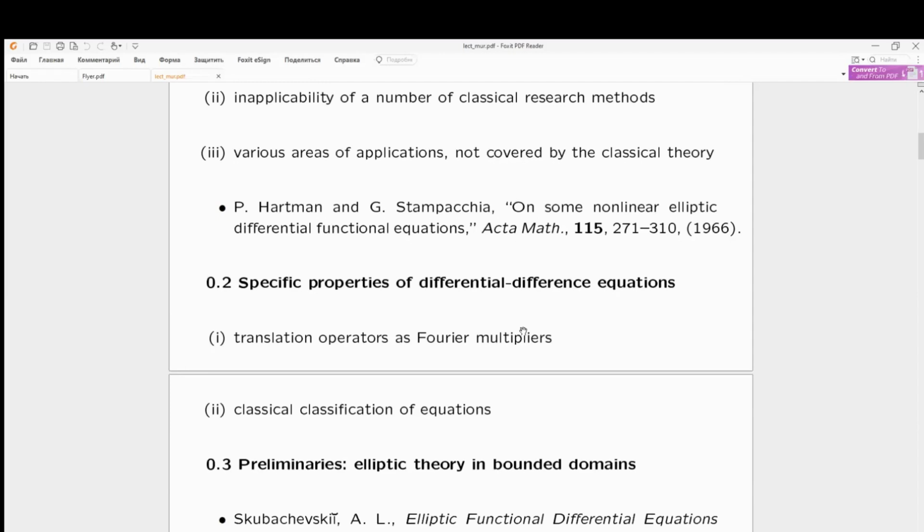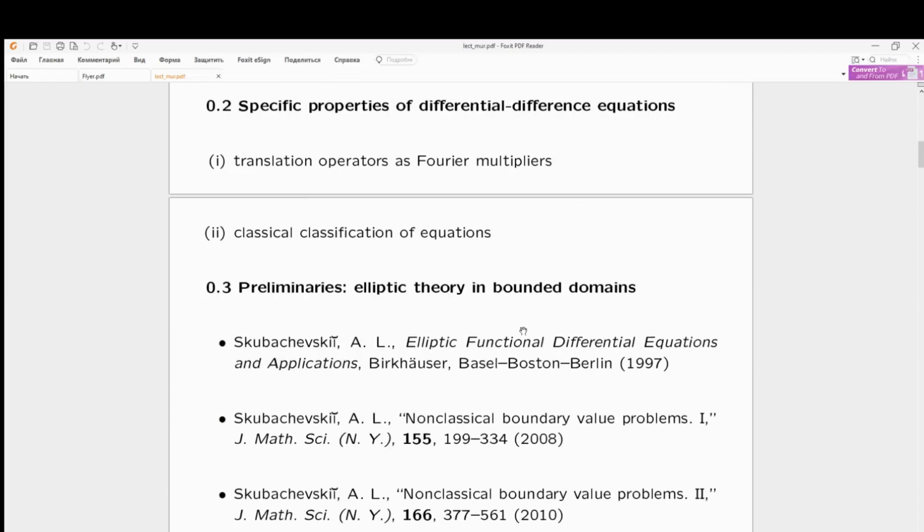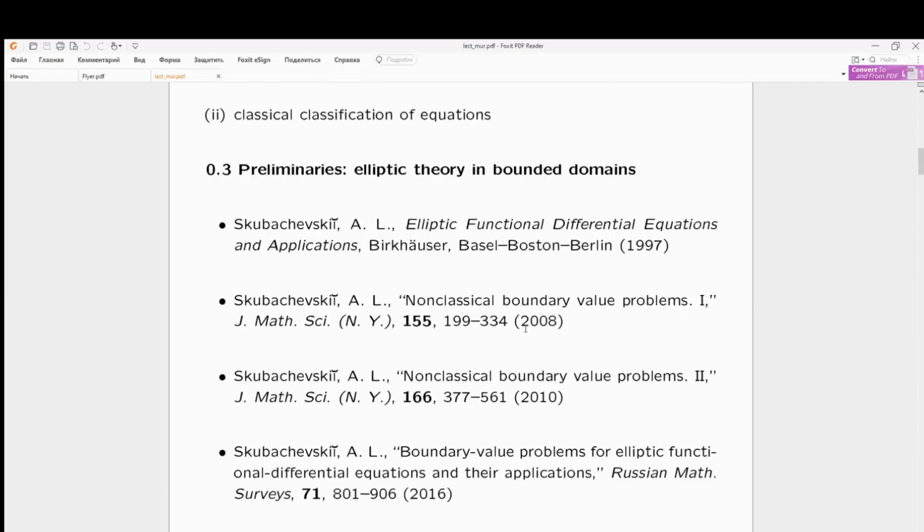This allows us to apply the classification of equations known for classical partial differential equations.